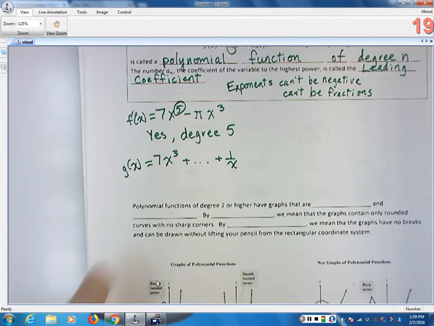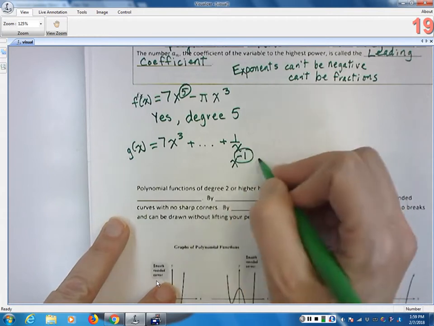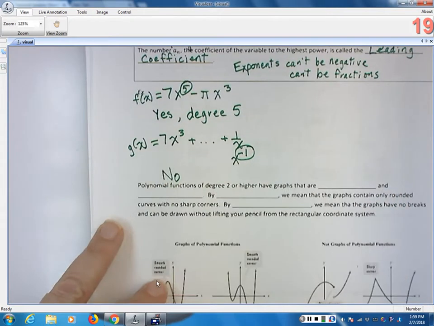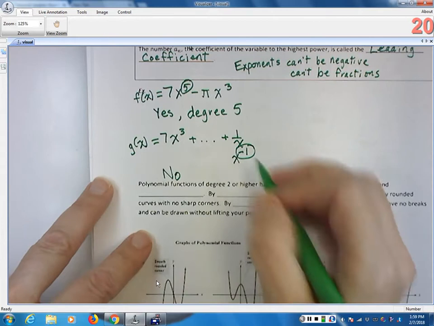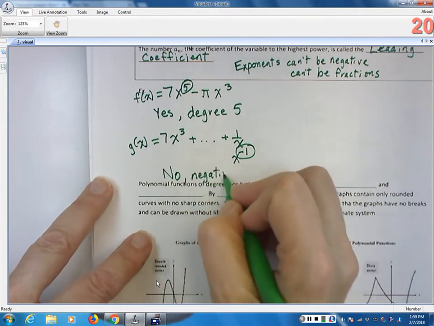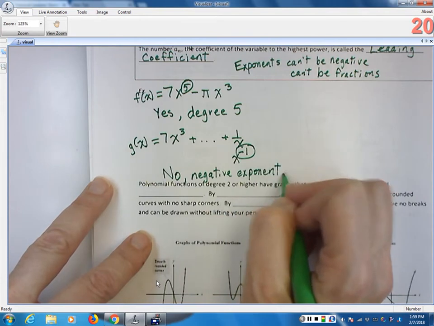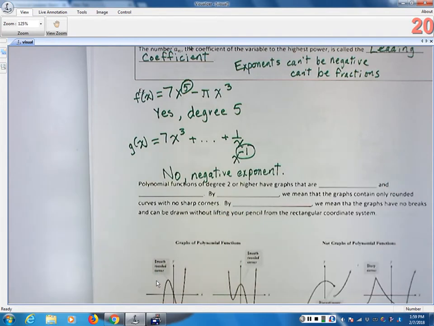Because you can rewrite this as x to the minus 1, we have a negative exponent, so the answer is no. This little definition seems so easy until I start asking you, are these polynomials? Then you see that you've got to understand that exponents can't be negative and that you can rewrite 1 over x as x to the minus 1.